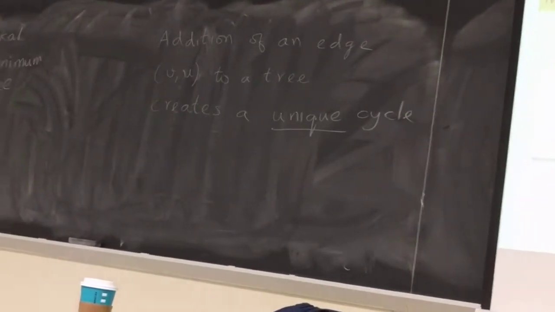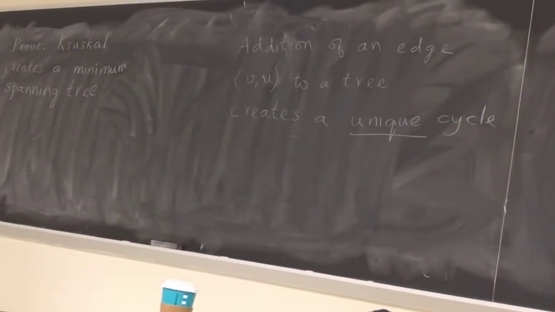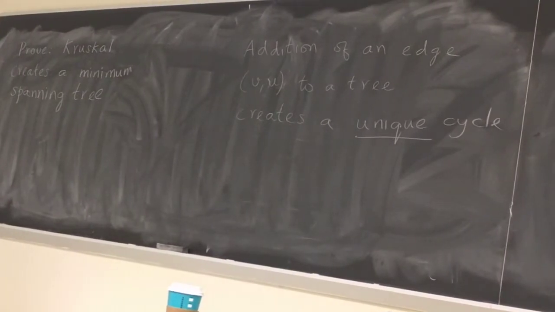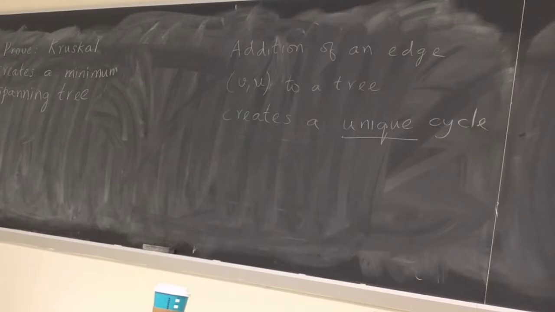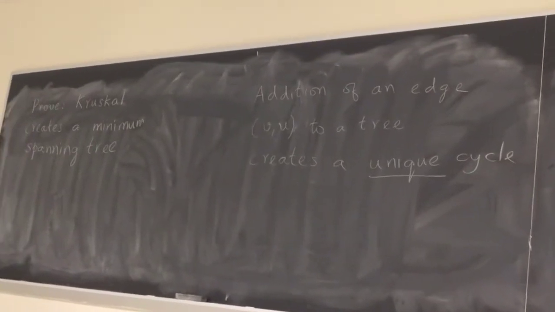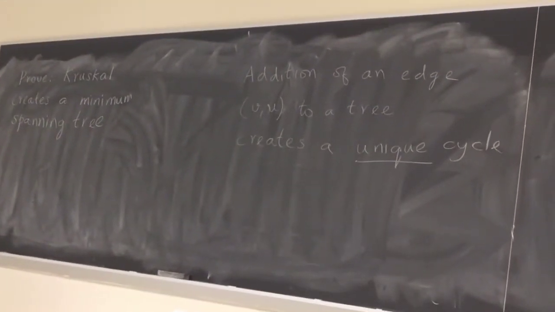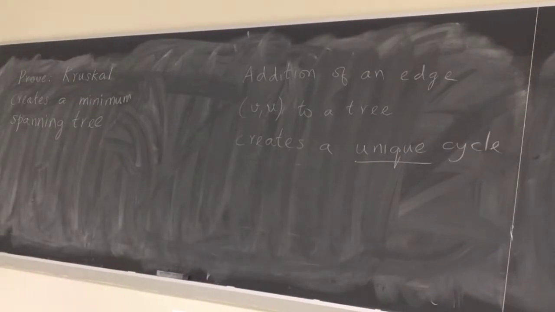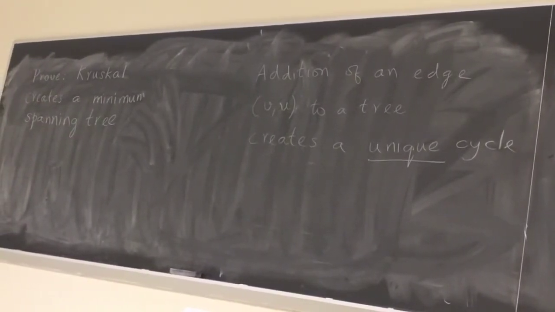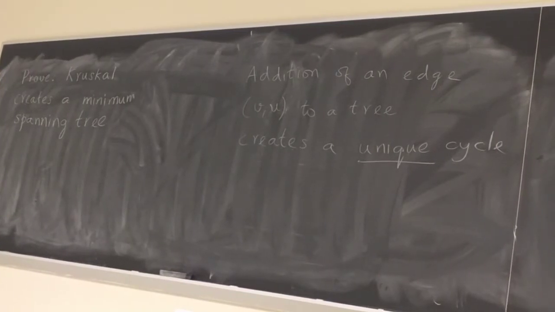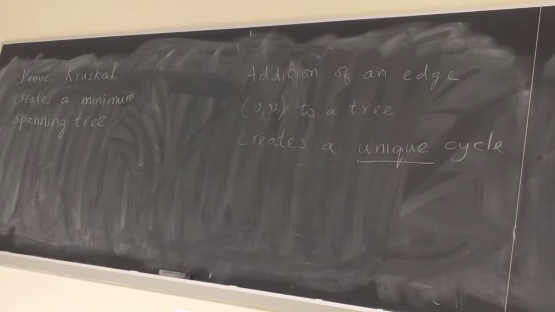And therefore, if you start from a tree and add an edge, that'll form a cycle. Now if you break the cycle, you'll have a tree again, because within a cycle, there are two ways to get between any two vertices. That means you can take out one of the edges and still have that reachability.